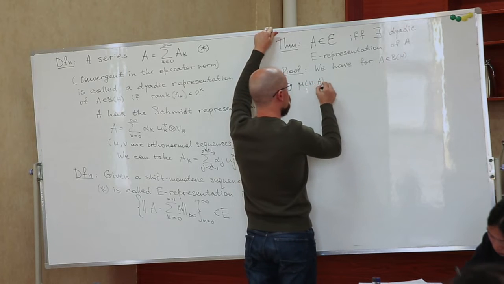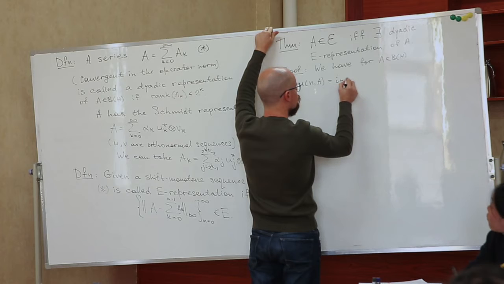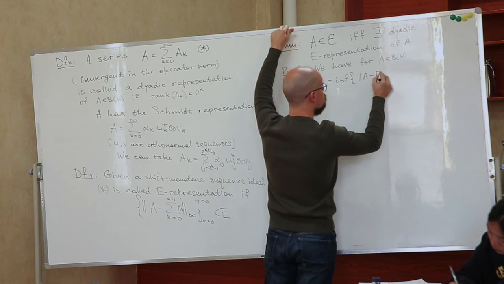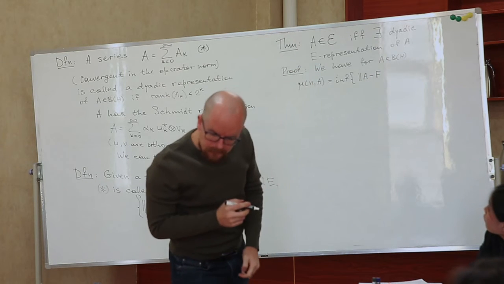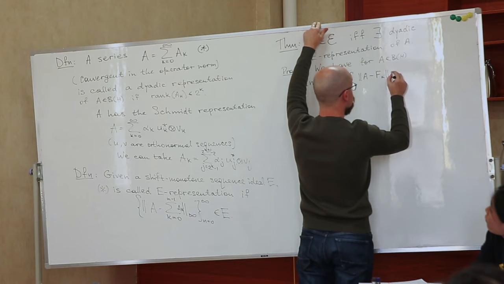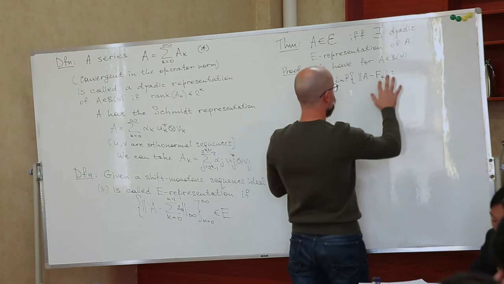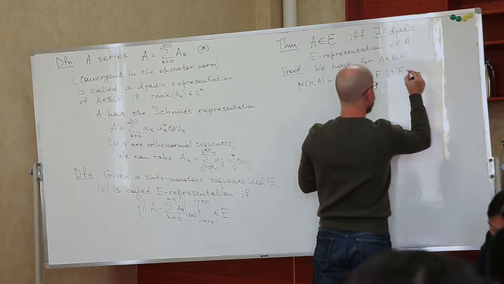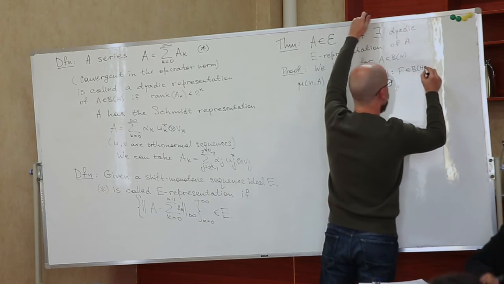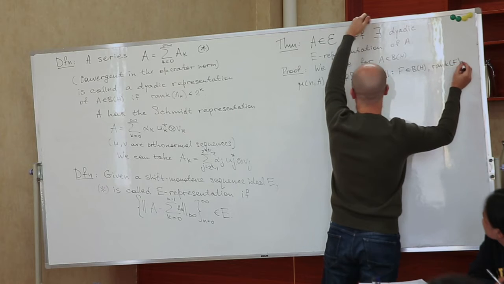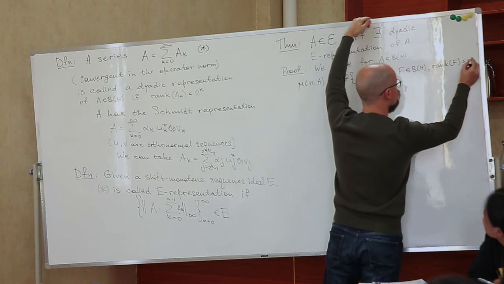Mu_n(A) can be computed as the infimum of the norm of A minus F, where we take the infimum over all bounded operators F such that the rank of F is less than or equal to n.